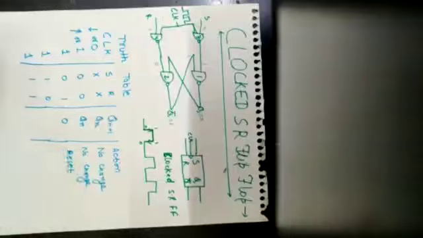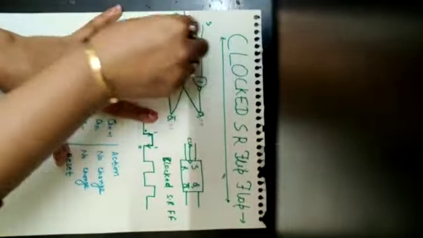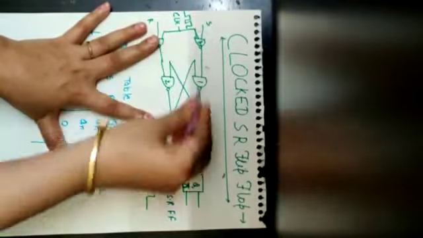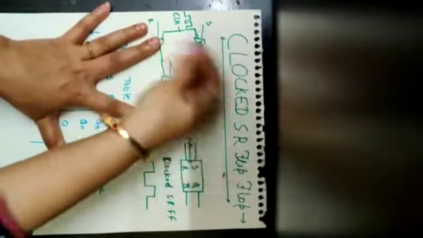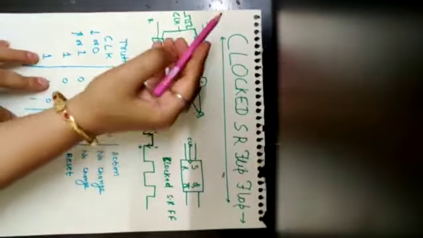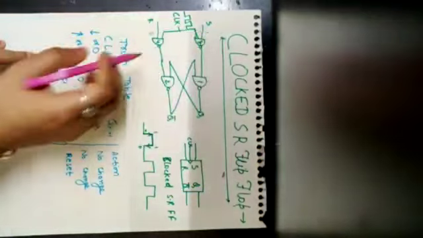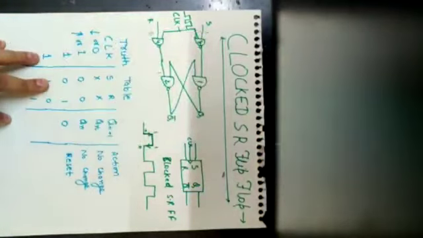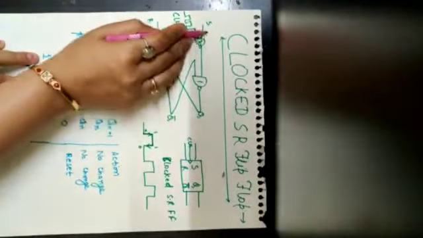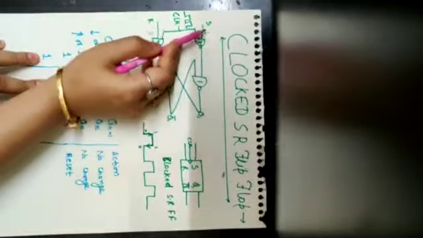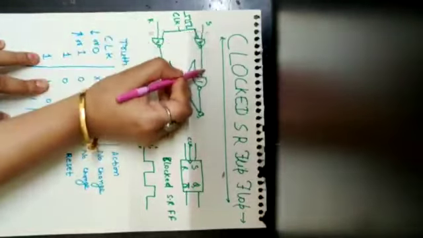Clear? Now the third input condition is S is 1, R is 0. According to the NAND gate, if any of the inputs is 0, its output becomes 1. And if this is 1 and the clock is 1, both inputs are 1, so the output is 0.